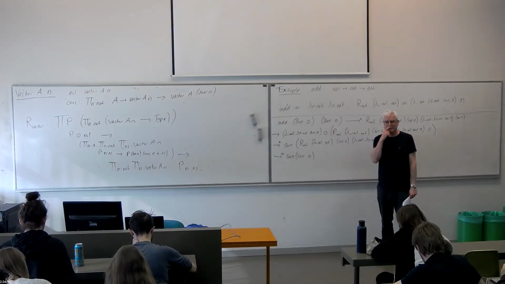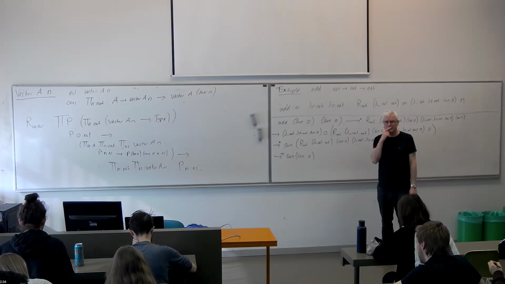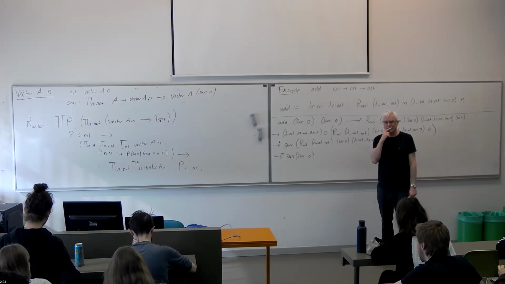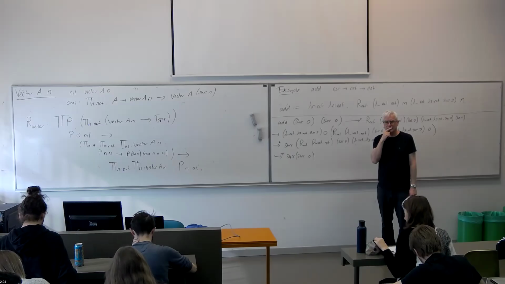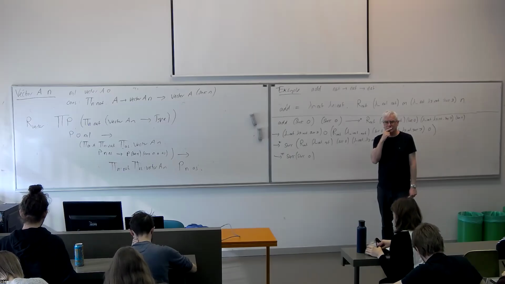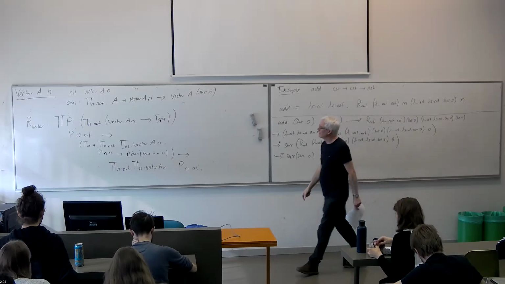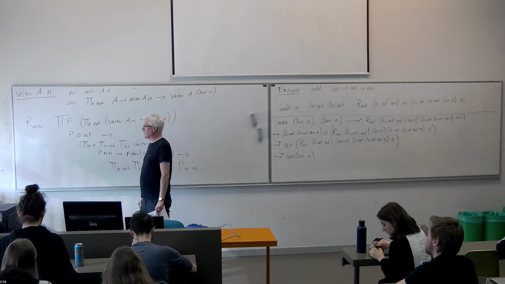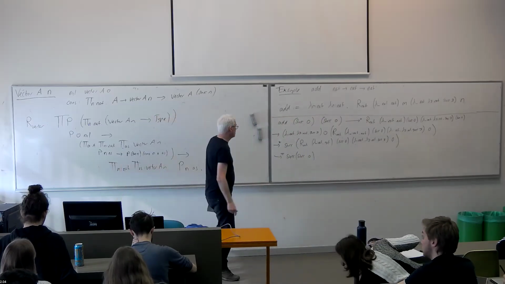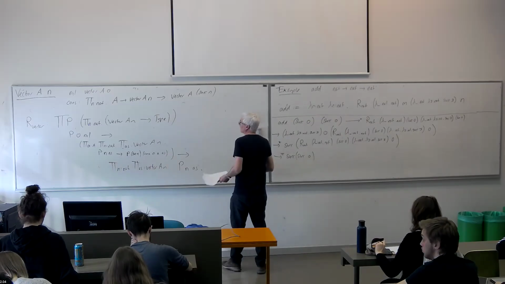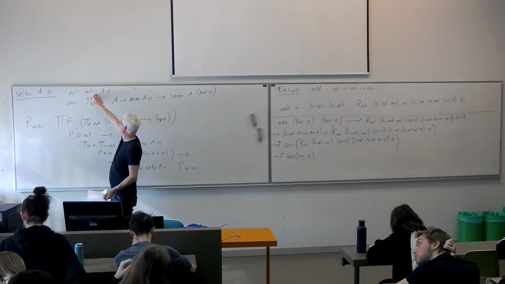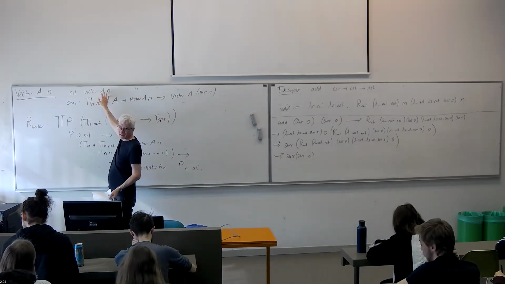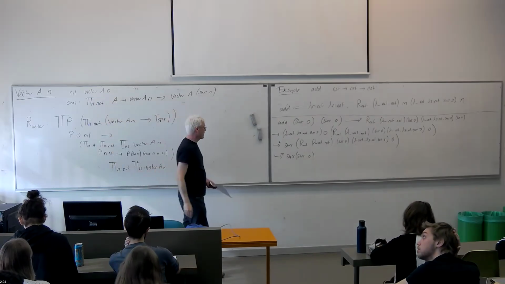Is it right to assume that this recursion constant is formed in the context that contains A? Yes, A should be a type here. And so I'm doing the recursion principle for this particular vector type, where A is a fixed type.